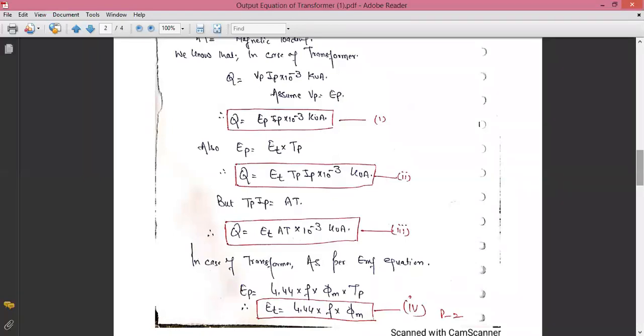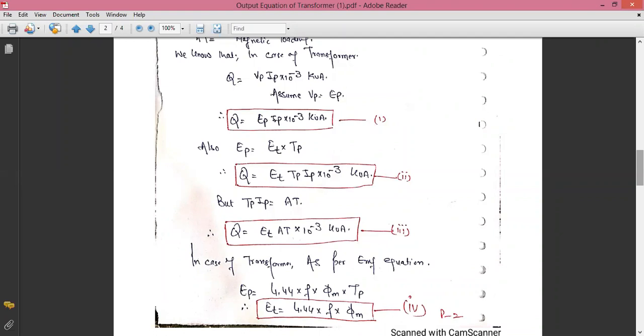And this is called your second equation. Now, in case of a transformer, we know that Tp is the turns on the primary side and Ip, the primary side current, into Tp is equal to the specific loading, that is AT. So your equation number 2 becomes Q is equal to Et AT into 10 to the power minus 3 kVA.